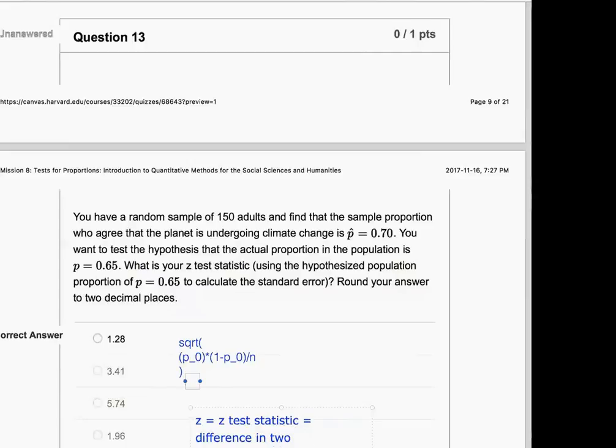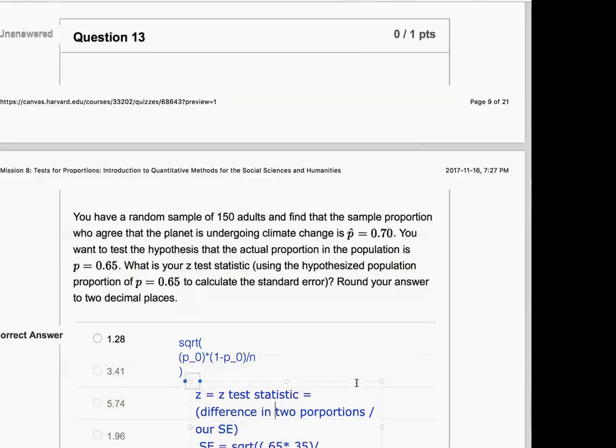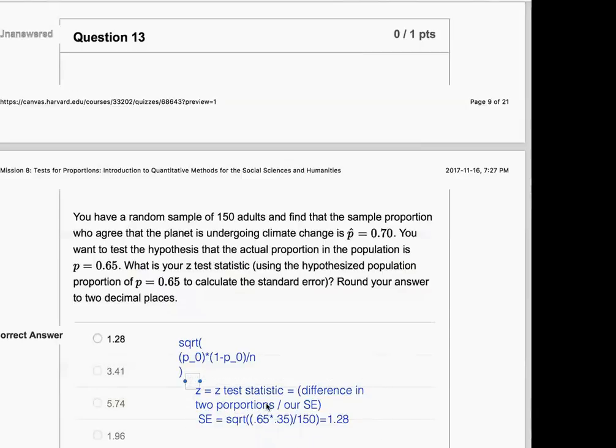The logic of using the z-test statistic for proportions is that we want to figure out the difference between two estimates, and how much those estimates differ on average. So you find the distance between 0.65 and 0.7, which is 0.05, and then divide by our standard error. Knowing the standard error is going to be the hardest part of this.